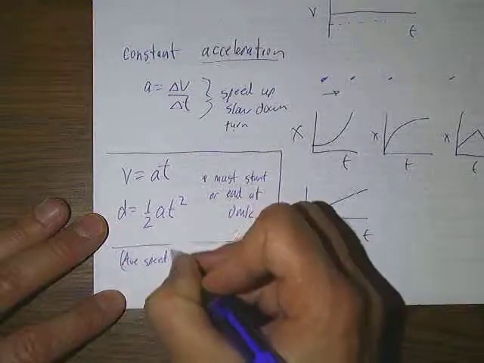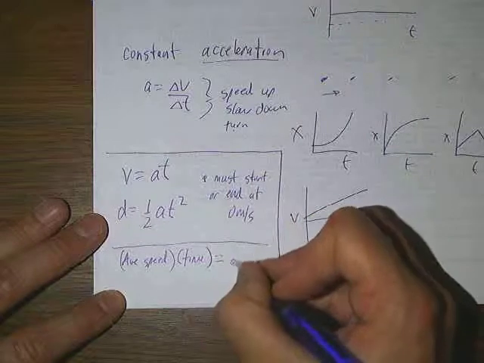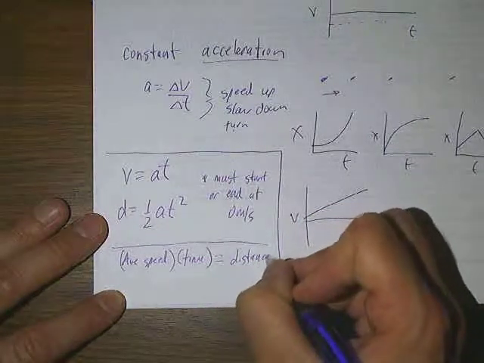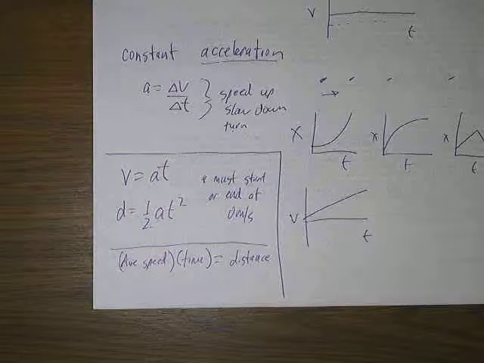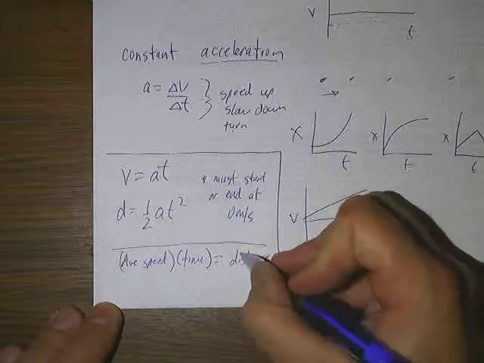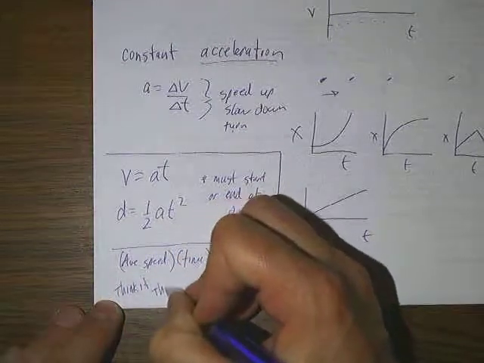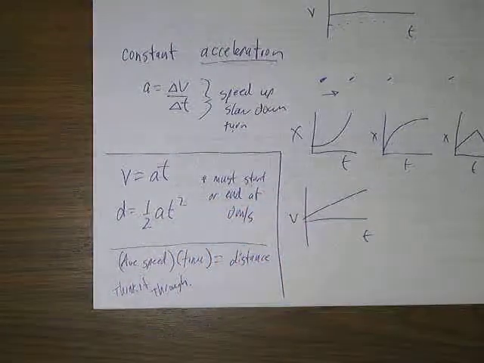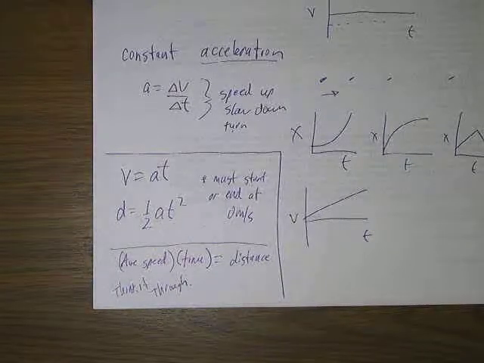We also had the think it through method, which is basically: find the average speed that something's moving while it's accelerating, multiply it by the time, and that would give you the distance that it's traveled. Even though we know it's not really going that speed the whole time, that average will give you the right answer. So that's what I call the think it through method. And that is basically the concepts.